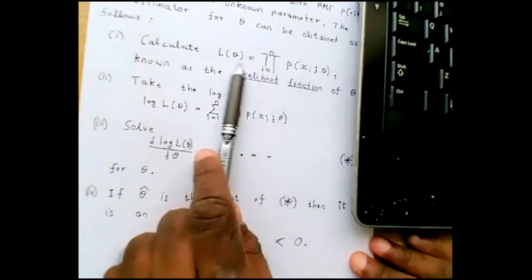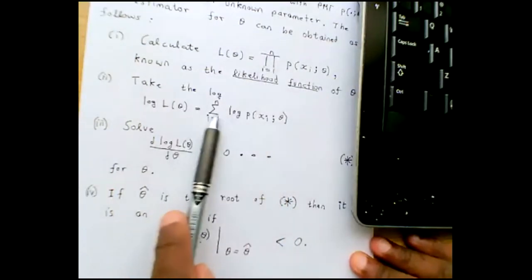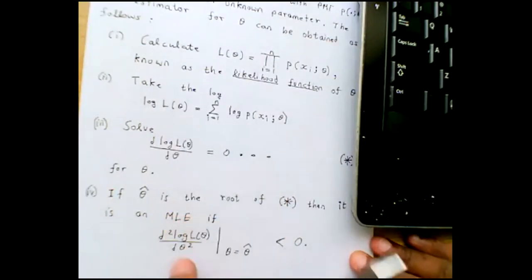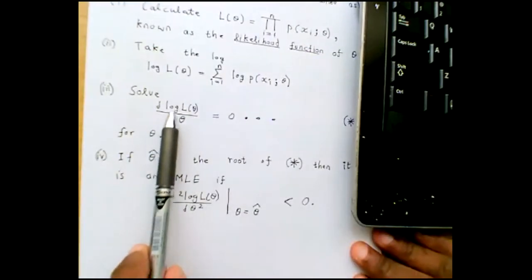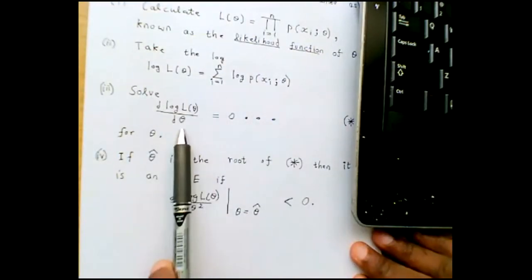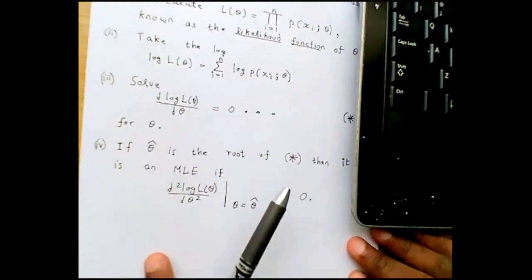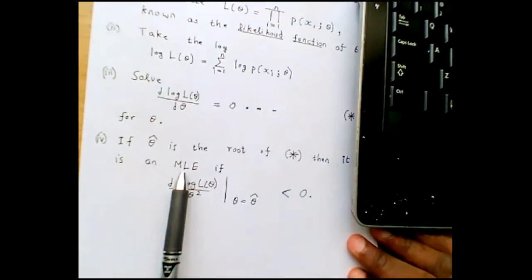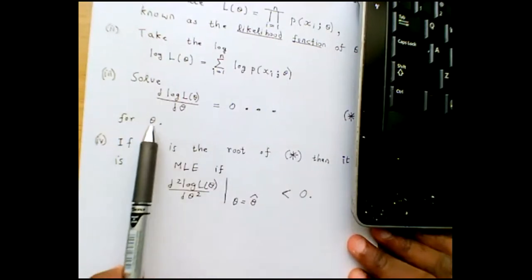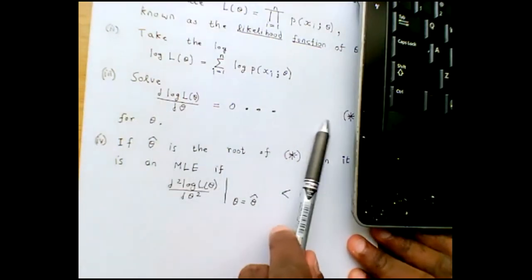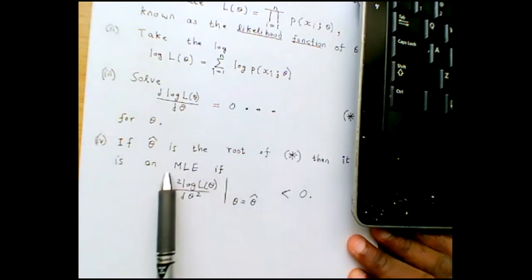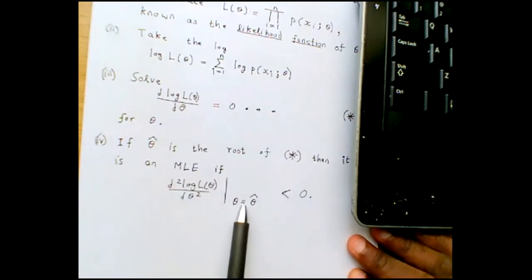This is the likelihood function, the product of the PMF, and this is the log likelihood function. Third, you differentiate the log likelihood with respect to theta, set it to 0, and solve for theta. In the final step, the solution of star is the MLE if the second order derivative at theta equal to theta hat is negative.